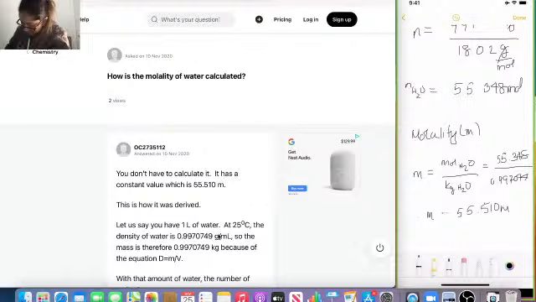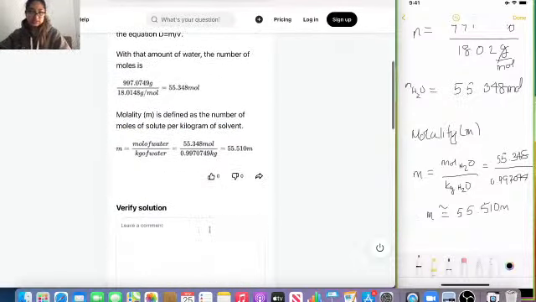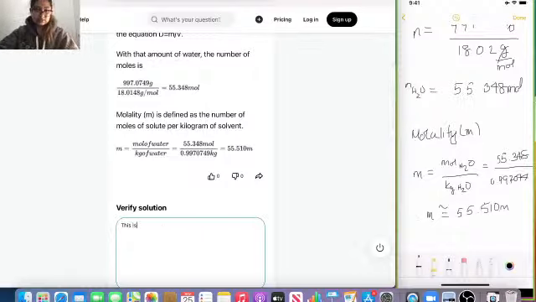The symbol for molality is a lowercase m. Okay, and so this is the answer. And so yes, this is what they have got, and this is correct.